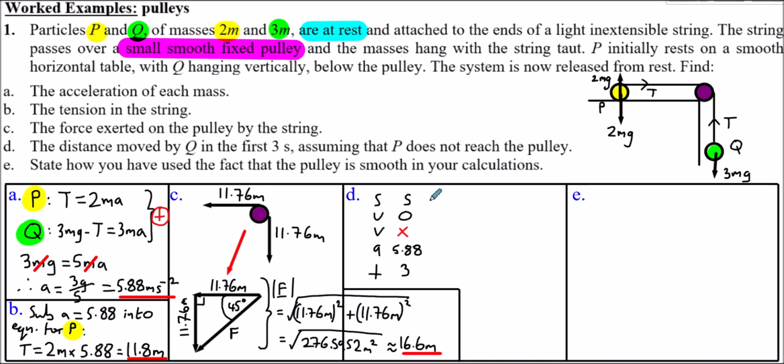So what equation of motion does not involve V at all? It's again the old reliable S equals ut plus half at squared. Now because u is 0, ut is 0. So we're just going to have half times acceleration of 5.88 multiplied by t squared, which is 3 squared because the time frame is 3.